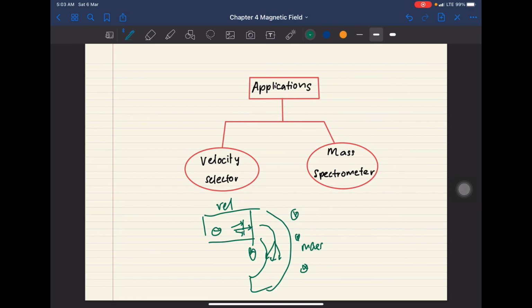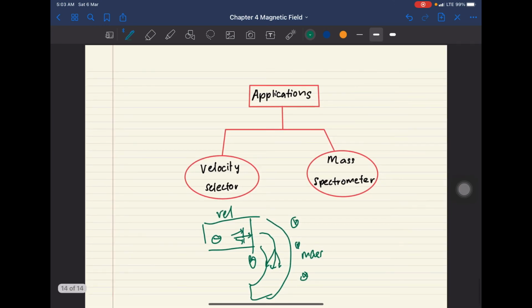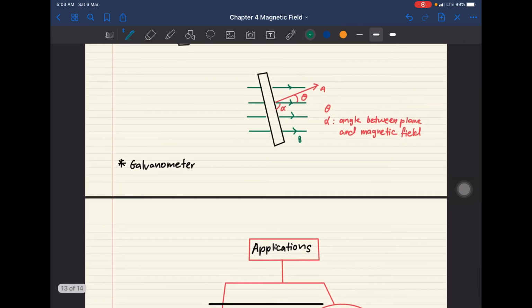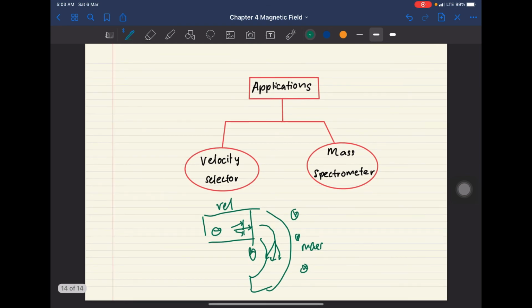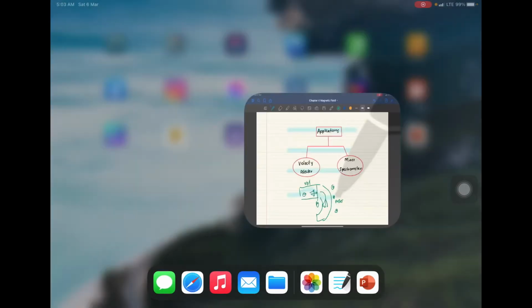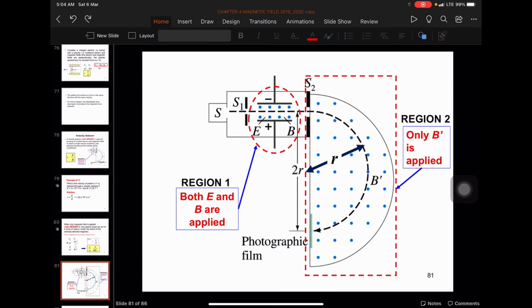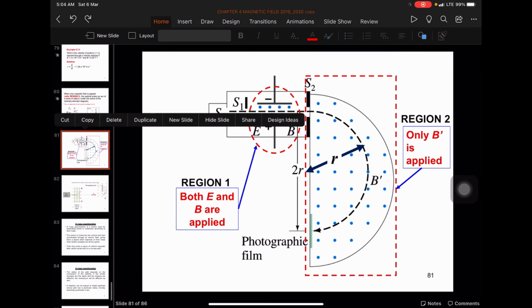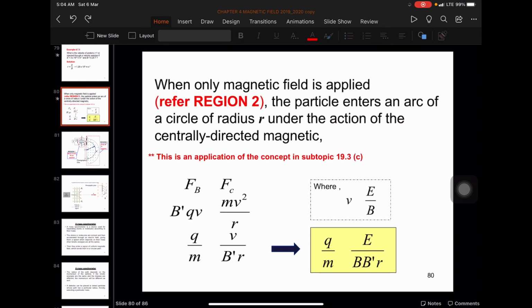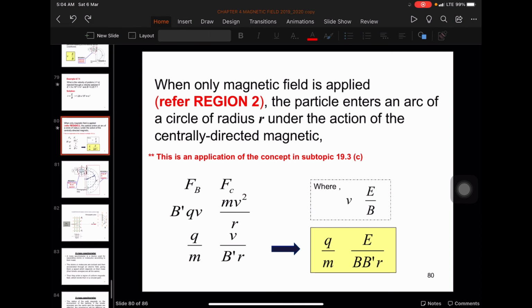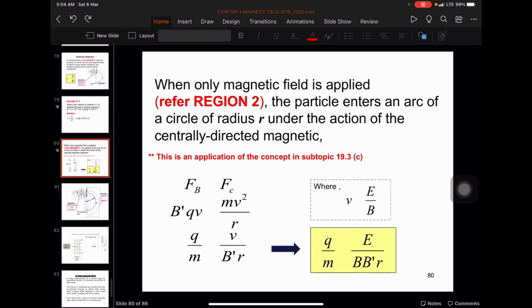So this is one of the applications. I think I will give you a video later on, with the galvanometer as well. The formulas for this one, there are a few. One is v equals E over B. The other one you can find in your lecture notes, like this one, q over m is equal to E over B R. This one is for the mass spectrometer.